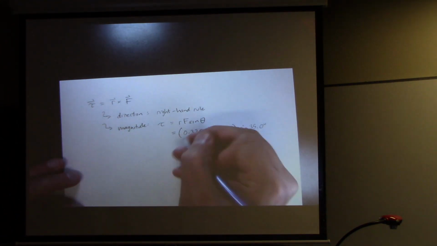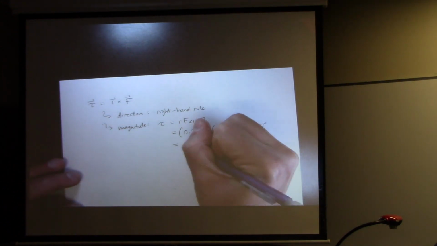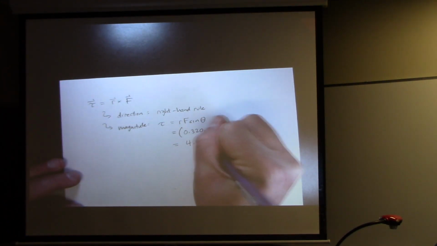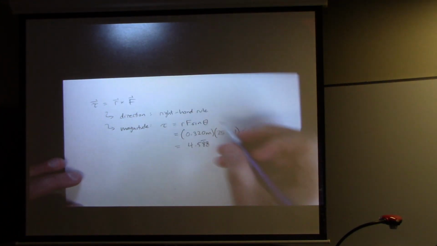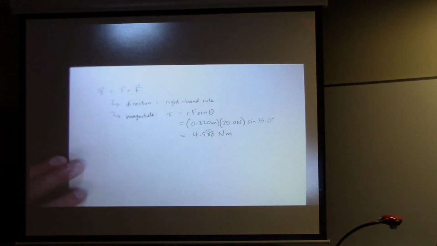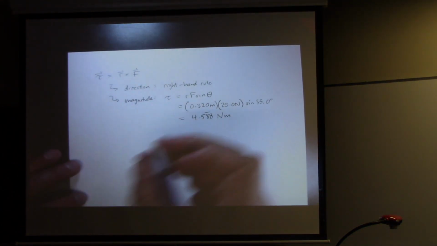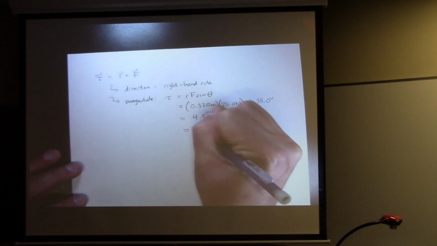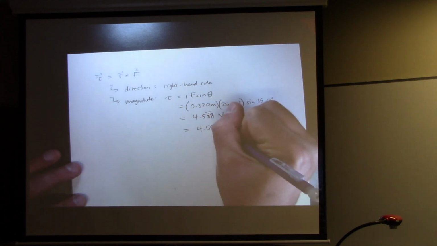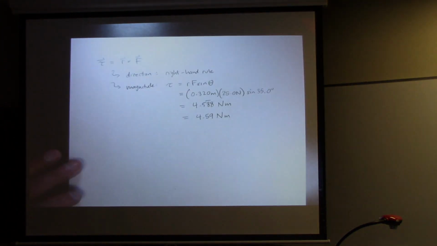If you crunch these numbers, you get 4.588, and the units are newton meters. That's the standard unit of torque. If we round this off, it's 4.59 newton meters to 3 sig figs.